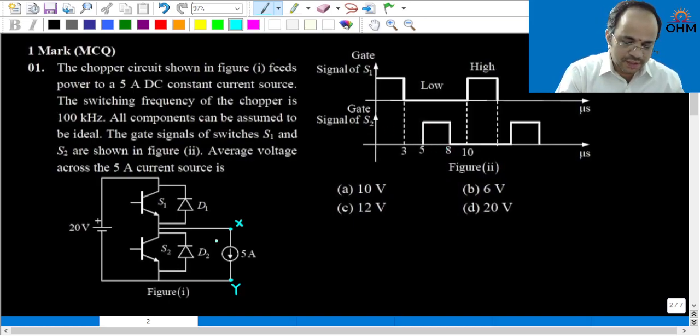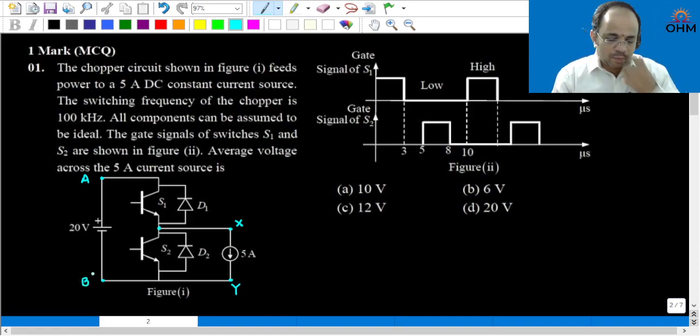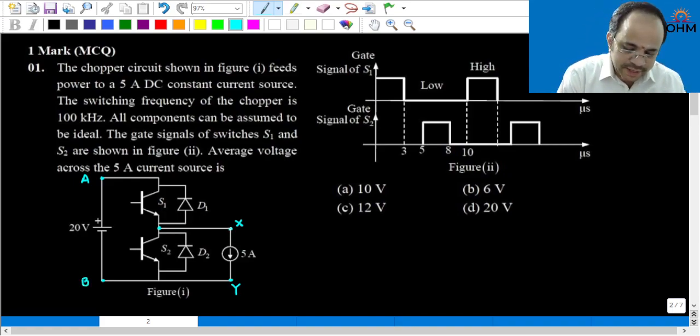Now if you see this circuit diagram, suppose S1 is turned on, then what will happen? The load terminal X will be connected to the source voltage terminals, let us call them A and B. Whenever S1 is turned on, this X terminal will be connected to A.